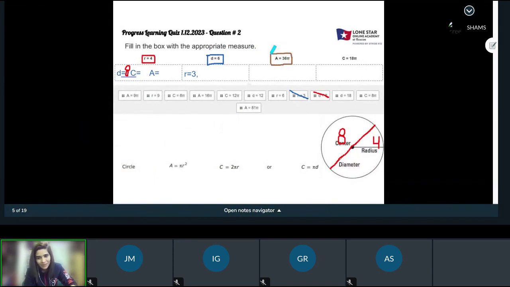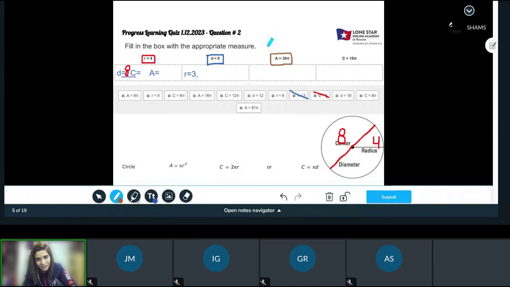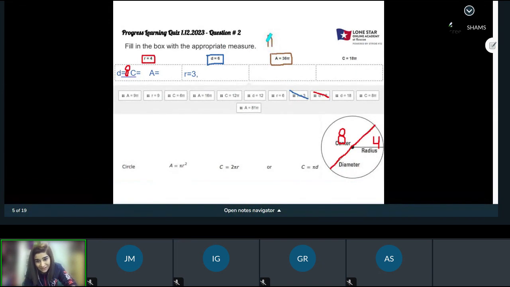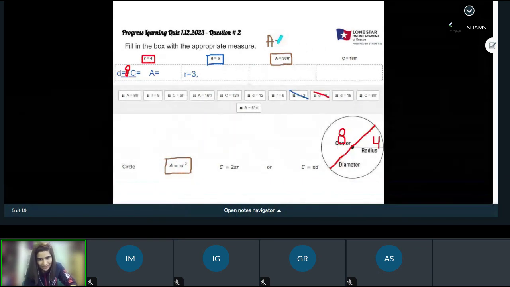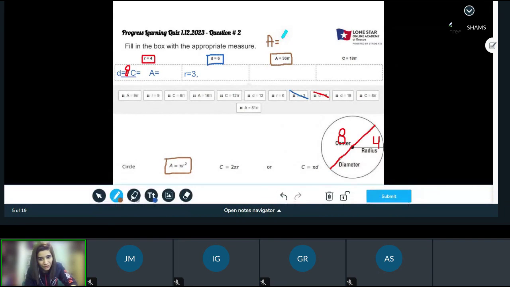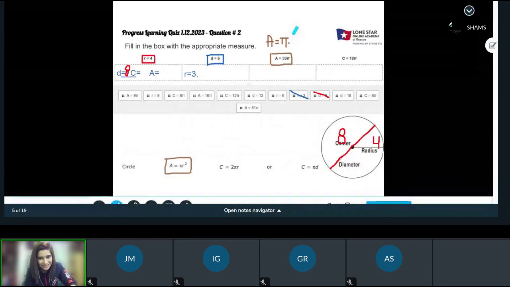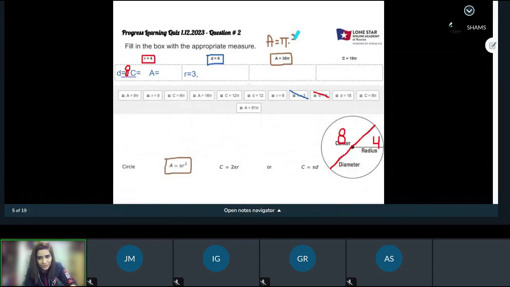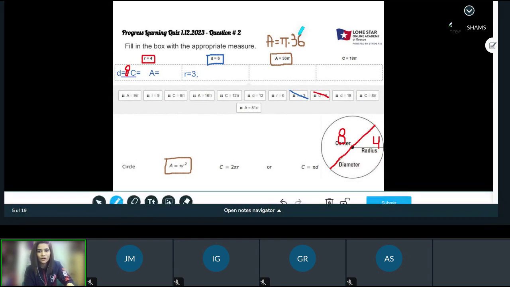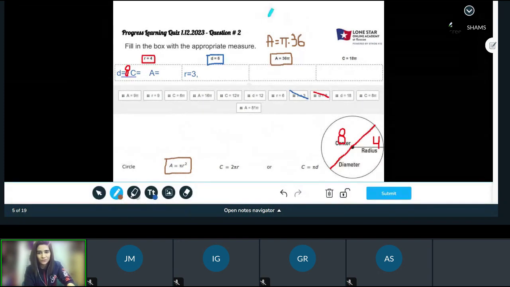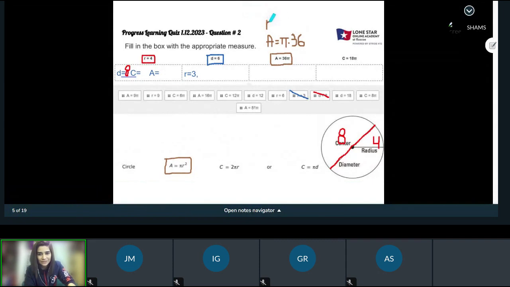The area is 36 pi, right? And the area formula over here says area is made up of pi times radius squared. Pi times radius squared, and the radius squared is 36, right? So what number times itself is 36? So r squared over here is 36.